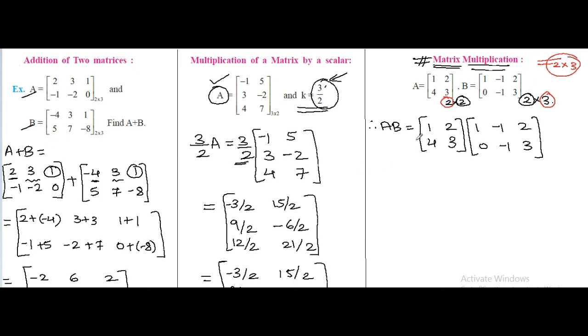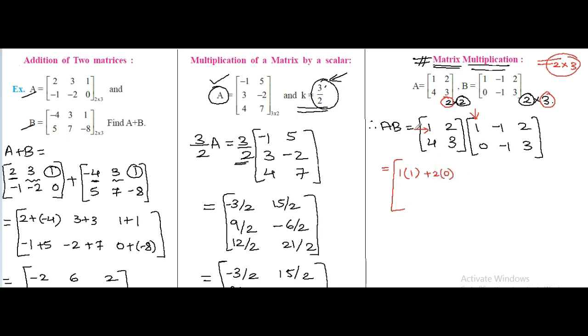Now, what is the method of multiplying the two matrices? Here the method is, we will take the first row and multiply it with each column of the second matrix. I have taken the first row and I will multiply it with the first column. So that will be 1 into 1 plus 2 into 0.